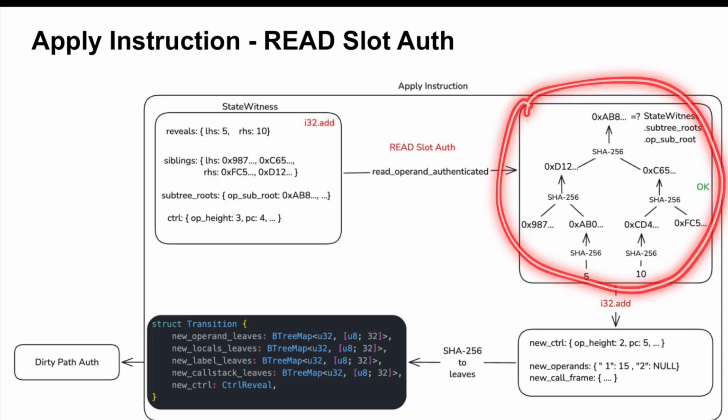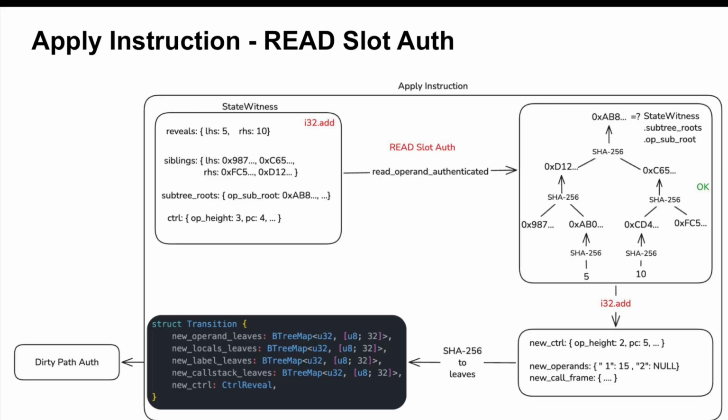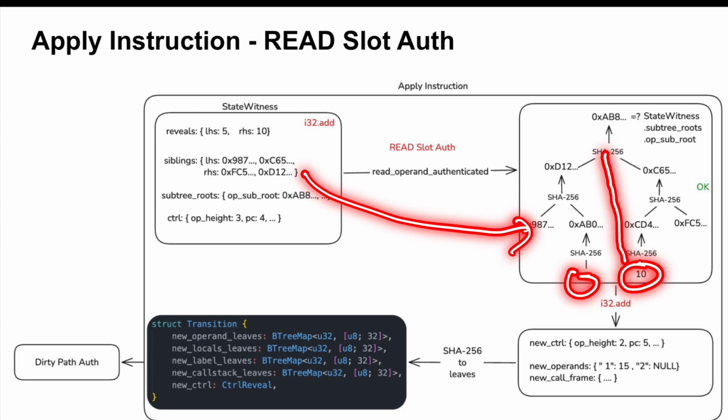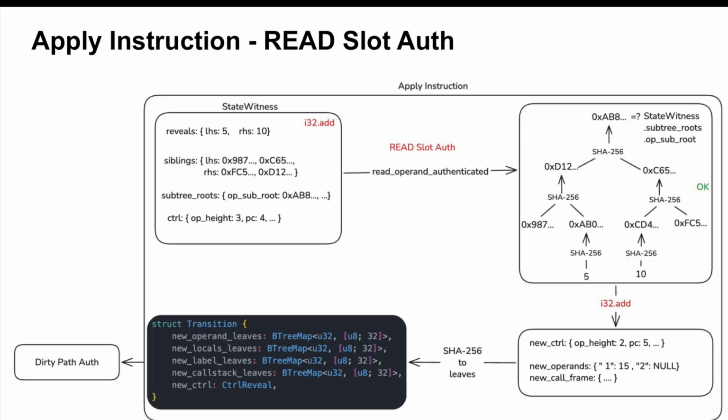We reconstruct this partial Merkle tree using the siblings of these operands, and we compute the root, and we check if the root is the same as what's claimed here, the operand stake root. So if we can verify this, we know that 5 and 10 belonged to this Merkle tree, which is the operand subtree, with these leaf positions.